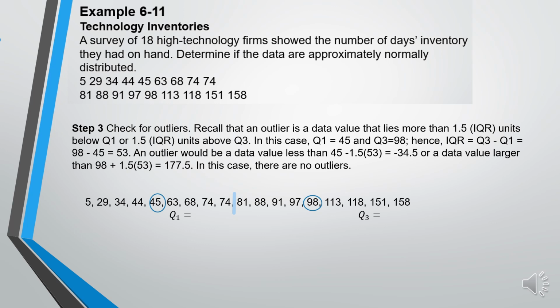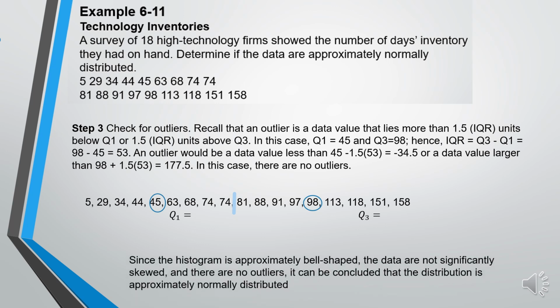An outlier would be a data value less than 45 minus 1.5 times 53, which is equal to negative 34.5, or a data value larger than 98 plus 1.5 times 53, which is equal to 177.5. In this case, there are no outliers.